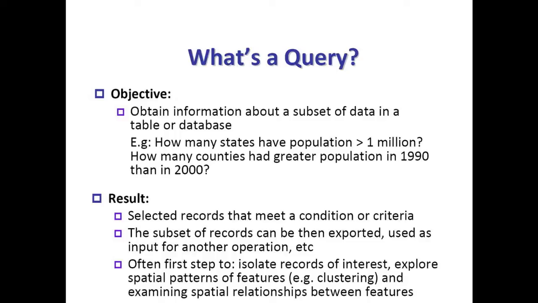So it pops up with the answer. It can either be just in a tabular format, or it's going to show you on the map. Typically what you do is you ask those questions and then you create new data layers from those questions.